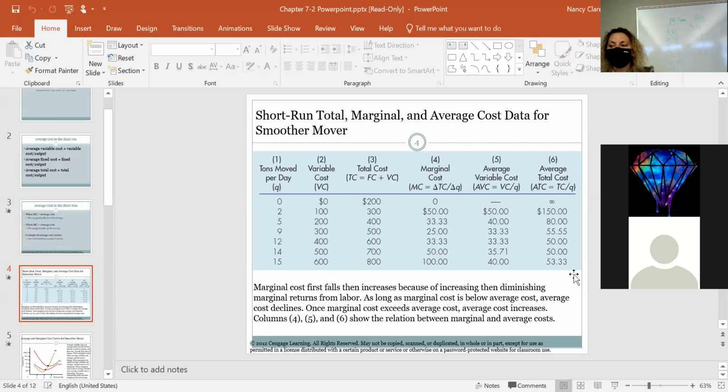All of this has been built up to this point right here, to generating the 3 curves that we need to do profit maximization analysis. So we sort of hit the pinnacle of chapter number 7 right here.